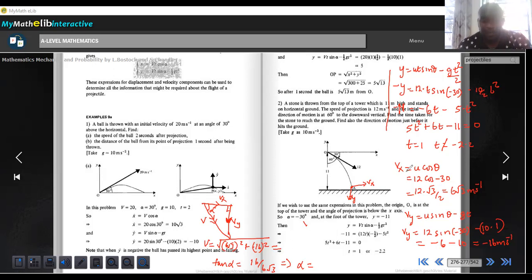What is that? The angle? Yes, alpha. 56.9, okay, roughly 57. 57 degrees below the horizontal.